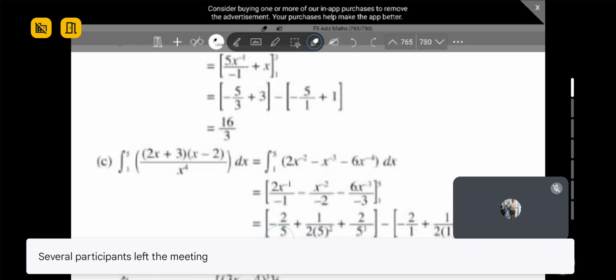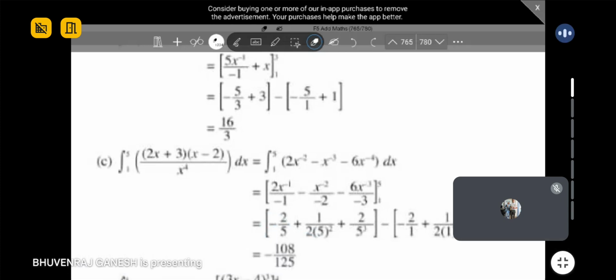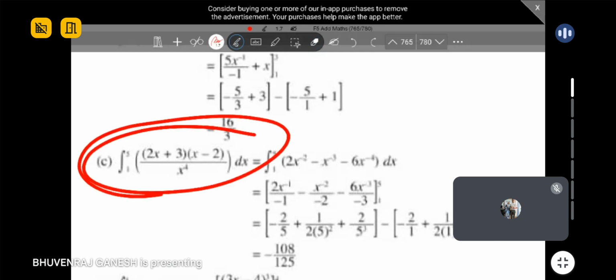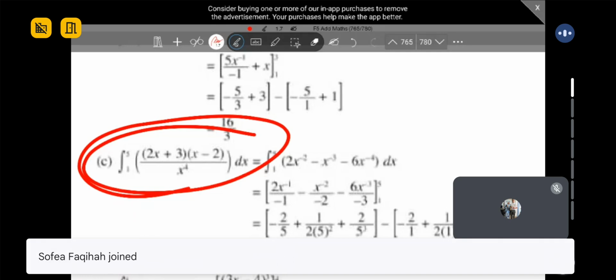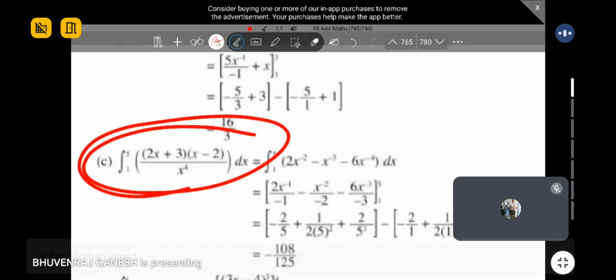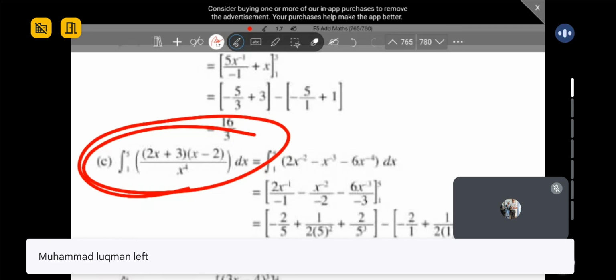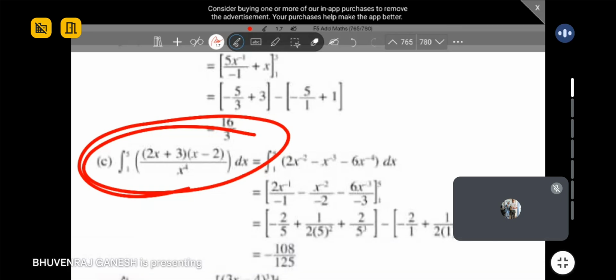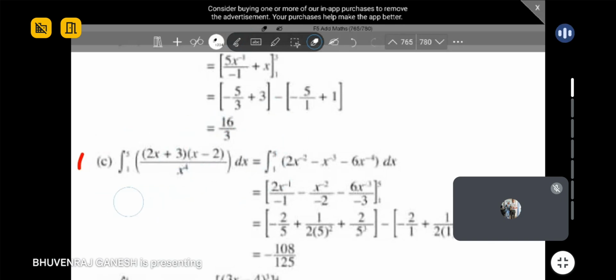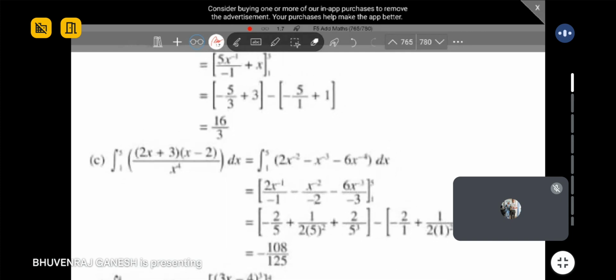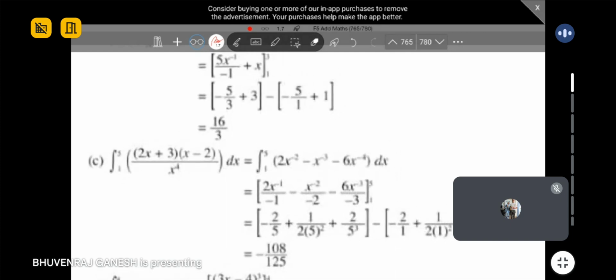Negative is correct, because this question only asks you the value of this integration. So it can be negative. But if we talk in terms of area, it has to be positive. Because this question never asks you about area. They ask you value. Value can be positive or negative. Can you all get it? So make sure you all know how to differentiate these two: when to be positive, when to be negative.